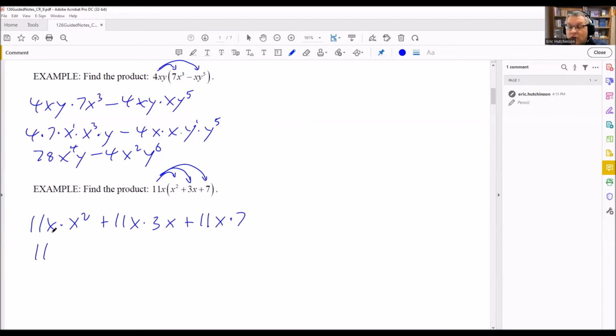That's 11, x to the first power, and a 2, that would be x to the third. These two, you can multiply the numbers first and then do the x's. 11 times 3 is 33. I have x to the first power, x to the first power here, that's going to be x squared. On the end, multiply 7 and 11. It's plus 77, and then just put the x there. Okay, so that's your answer.